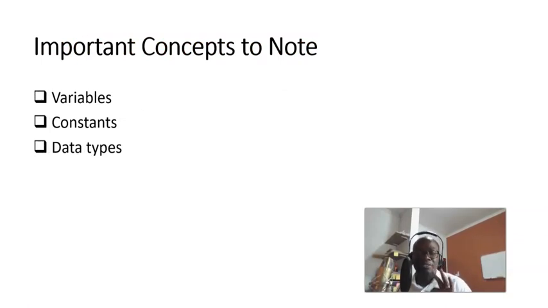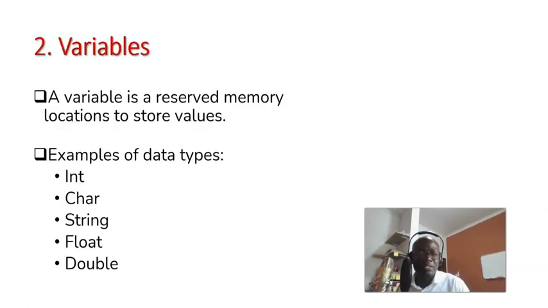You need to know what these three things mean. Let us start with variables. The word variable comes from the word vary, meaning something can change from time to time. When you write a computer program, a user is going to give this program some values.